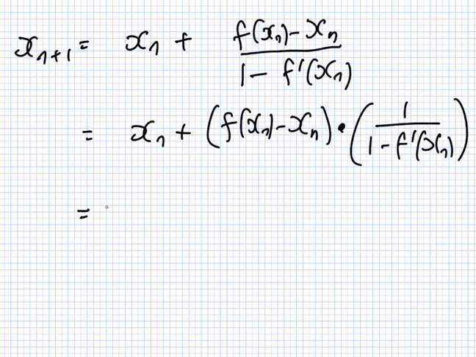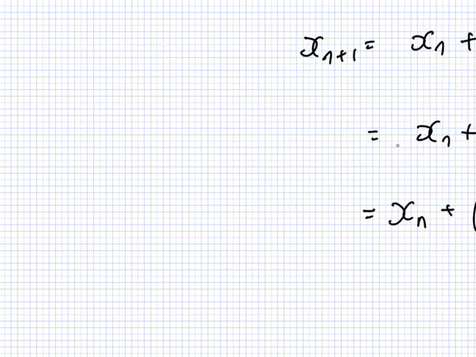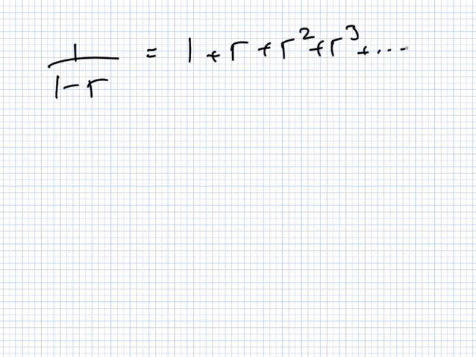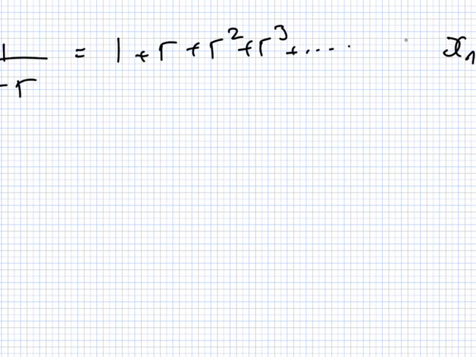Now, what I'll do next, there's a formula I'm going to use here which comes all the way back from semester 1, so I'll just go to the side to remind you of the formula. So you might remember from semester 1, 1 over 1 minus r is equal to 1 plus r plus r squared plus r cubed, etc. That came from the chapter on arithmetic and geometric sequences.